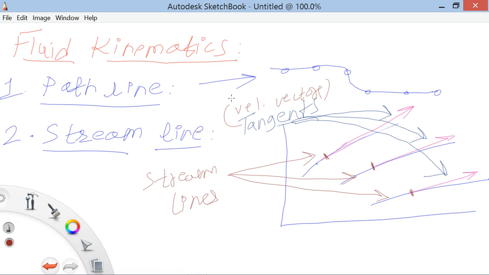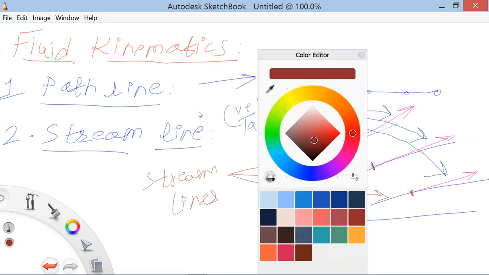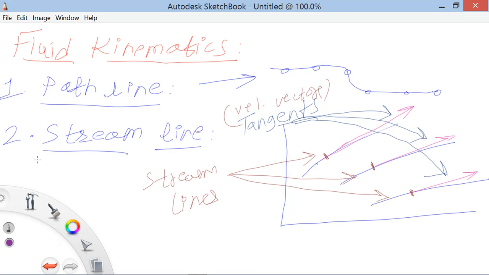Now the more technical thing in this is the equation. So the equation for a streamline in two dimensions, that is the xy plane, is dx by u is equal to dy by v.